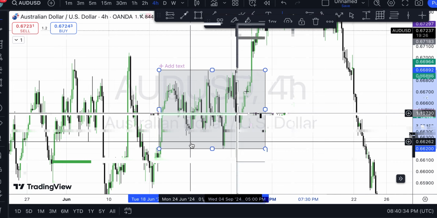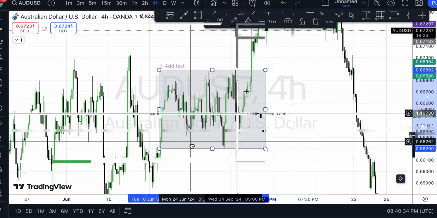So the last one, which is horizontal channel. In a horizontal channel, also known as a sideways channel or range, the price moves between parallel horizontal lines. This suggests a lack of clear trend with support and resistance levels defining the range. So, using channels for trading.